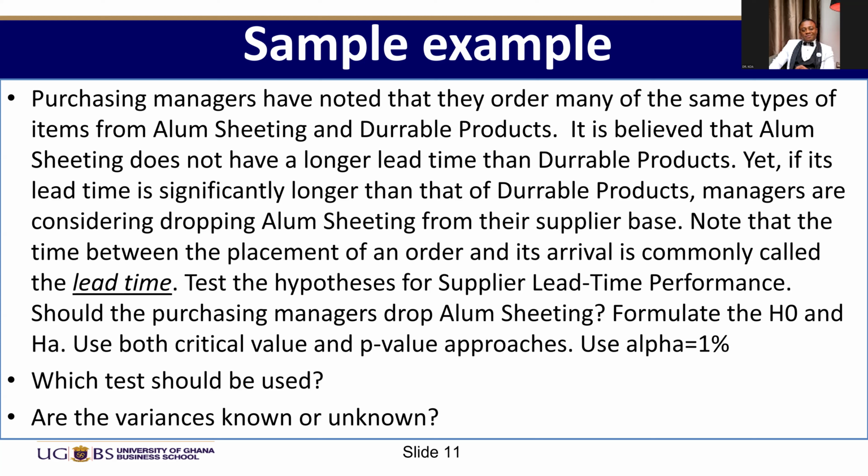And the one that takes a shorter time is what you're looking for, because we define lead time as the time between the placement of the order and its arrival. So imagine you order something from Pizza Hut and you order something from KFC, and every time you ordered both of them at the same time, but KFC came after 30 minutes, Pizza Hut came after 1.5.